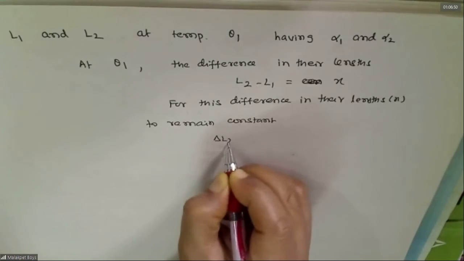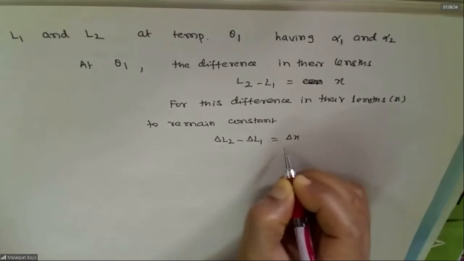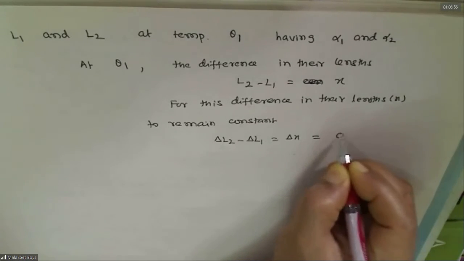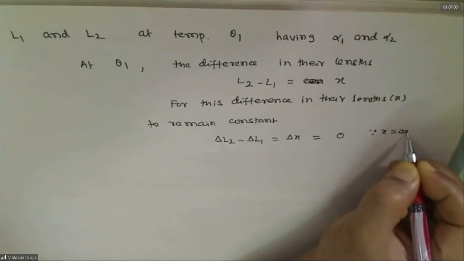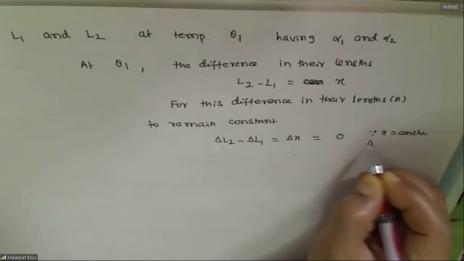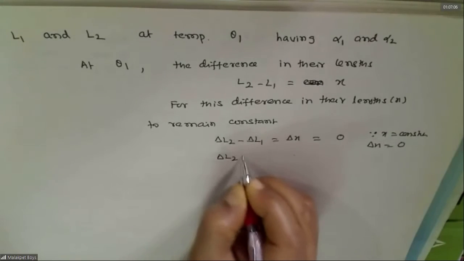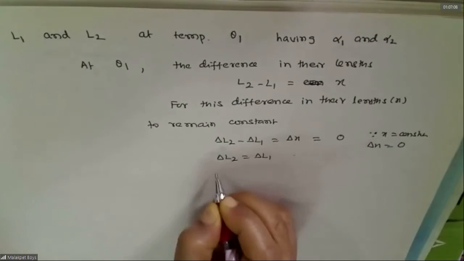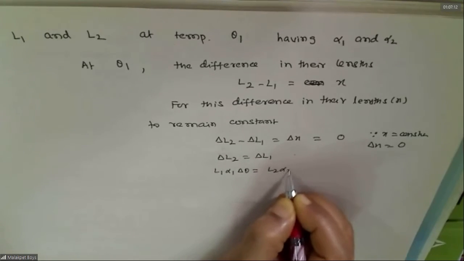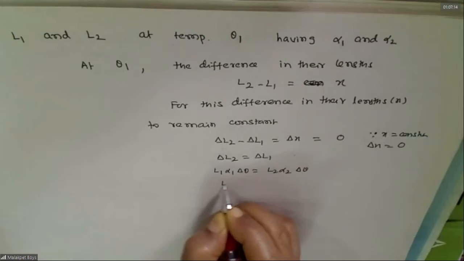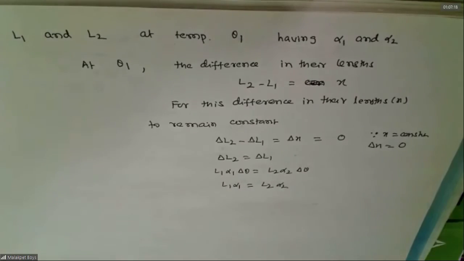What is the condition? Delta L2 minus delta L1, because this is constant, is zero. This is the same thing I have done previously, nothing else. Now it is clear? Clear, sir.